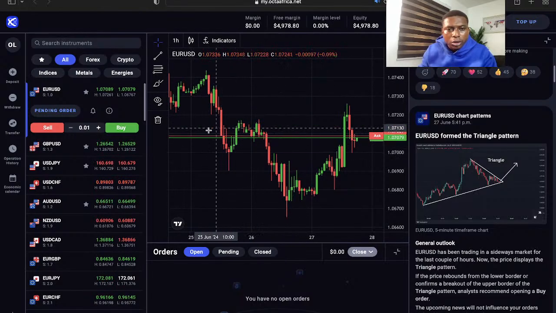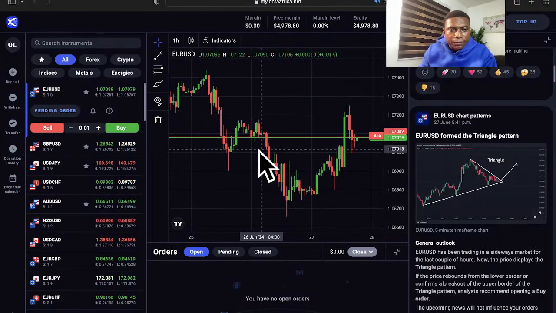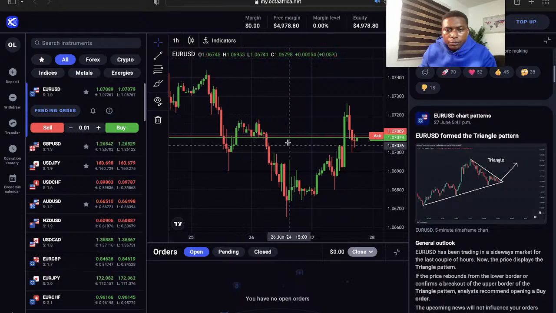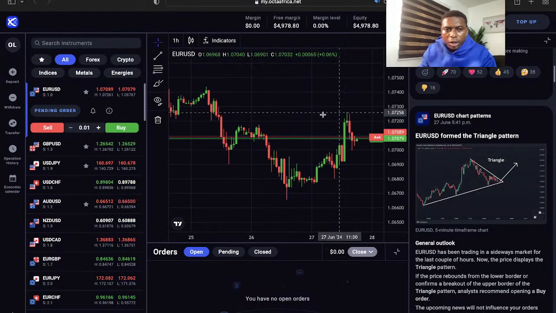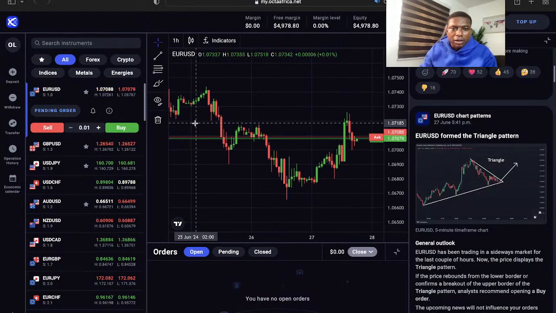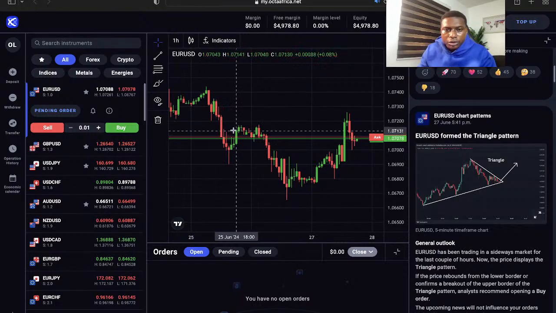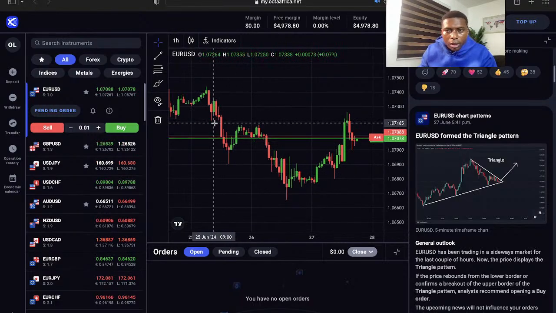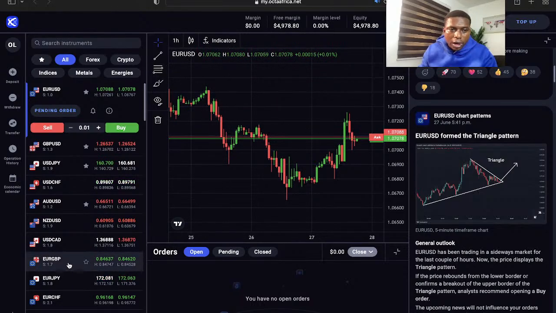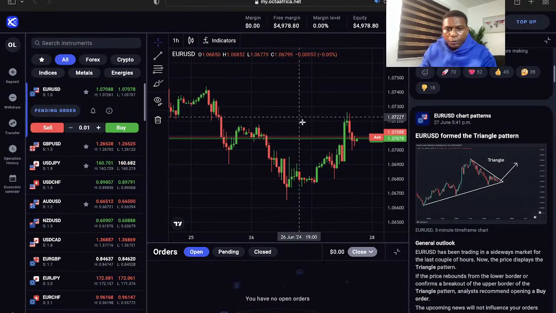This is the OctaTrader platform, and if you are not aware, you should be aware now. We'll be carrying out our live trading session on this. You can always follow me and stay familiar with some of the features, which will be very helpful.